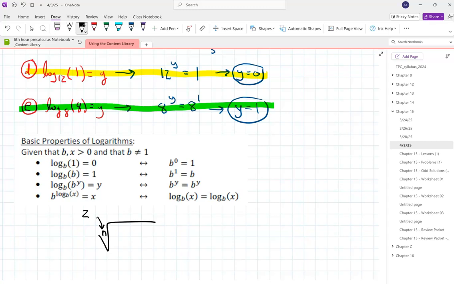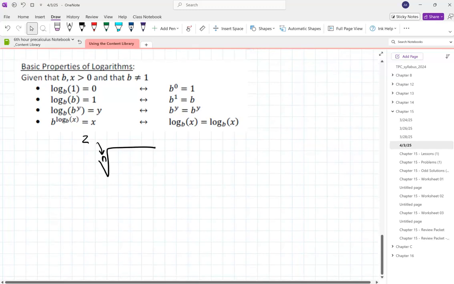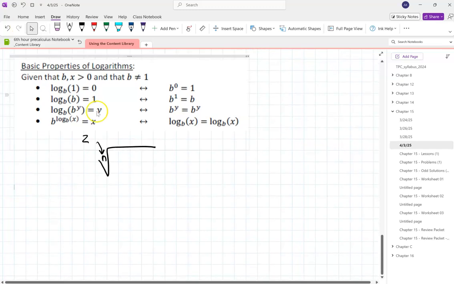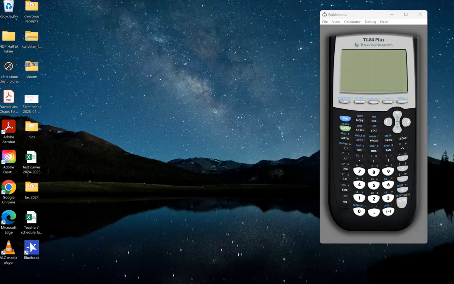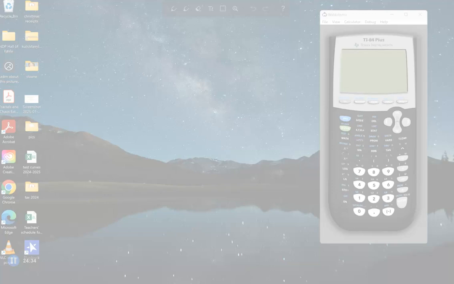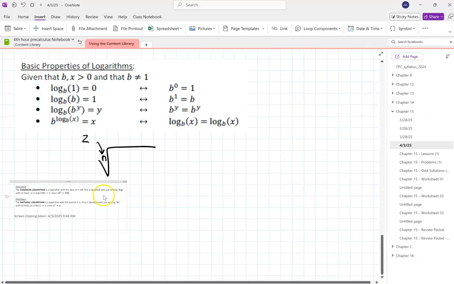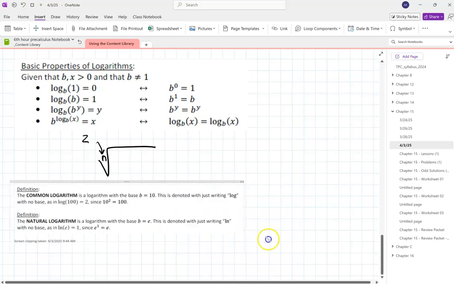We just leave the symbol off because we recognize that if I don't write it there, that just means square root, and the index is 2. We do the same thing for logarithms. There are actually two special logarithms that get their own special notation. They are called the common logarithm and the natural logarithm.